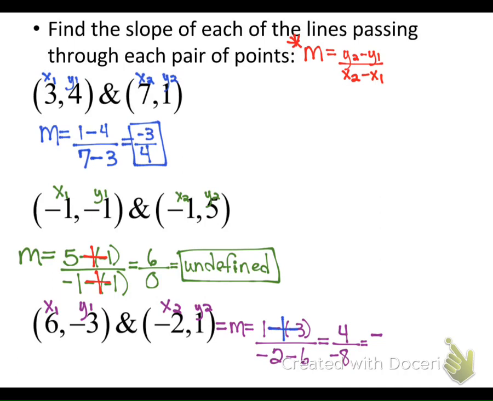Or you could think even further, 4 and 8 are both divisible by 2, but they're also divisible by a much larger number, 4. So you have one less step to do. What's 4 divided by 4? 1. What's 8 divided by 4? 2. So the slope of these two ordered pairs is negative 1/2.